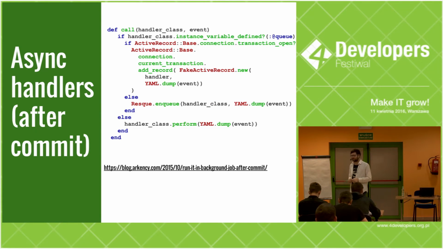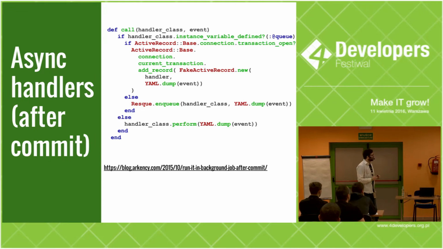There's one thing that we want to remember, which is that the events are often published inside a database transaction, and if you publish the event and have a background job that will take the event and try to find, for example, something in the database, it might not yet be there because the transaction from your application HTTP server might not yet be committed.